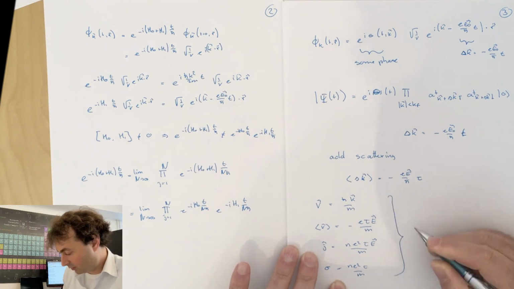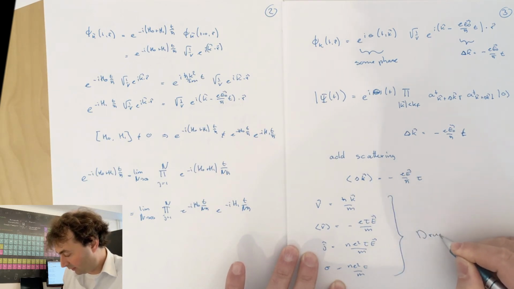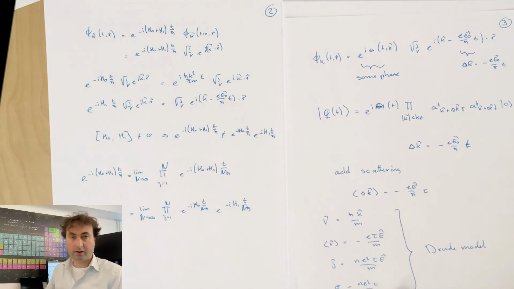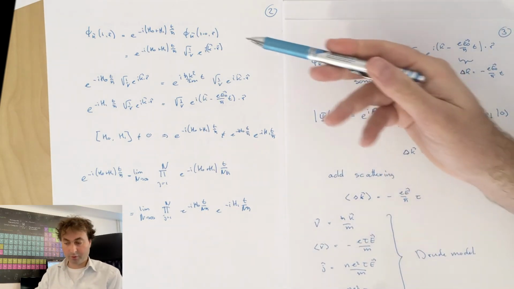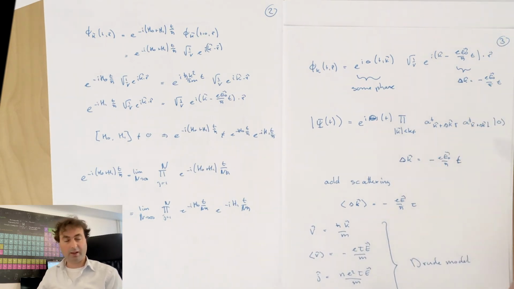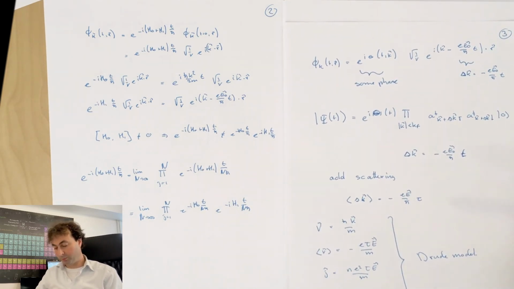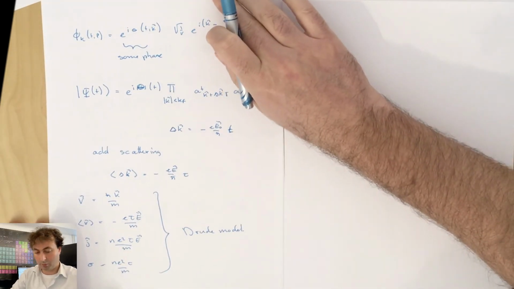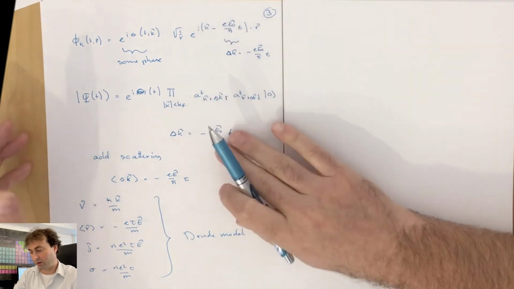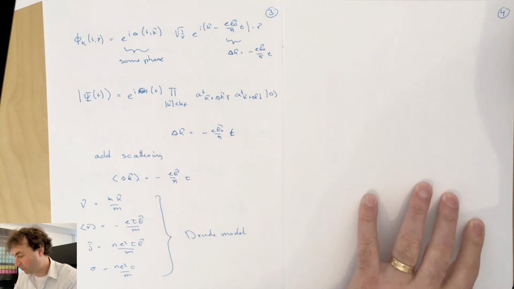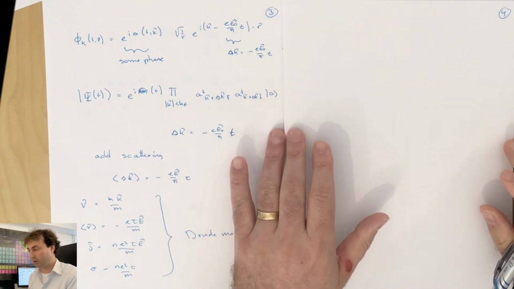And this, of course, are the results that we had in the Drude model. So although we treat our electrons quantum mechanically, an electrical field still accelerates the electrons in the same way, and everything else from the Drude model follows, except that of course our scattering mechanism is getting more and more unclear what it really is. So let's have a look at some physical meaning of what is going on here.